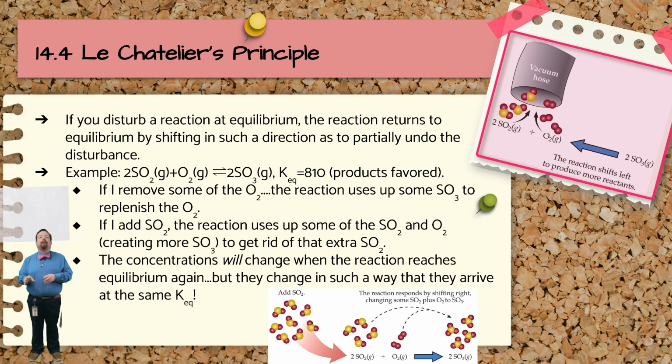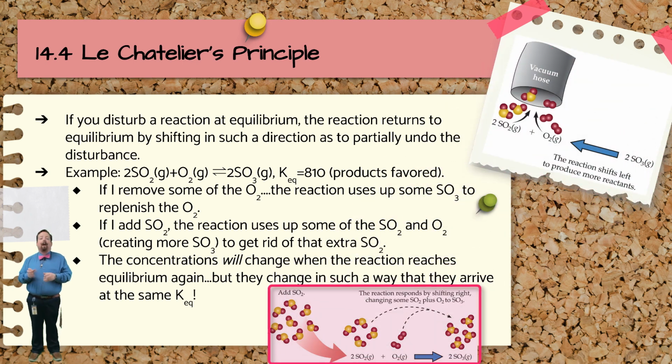In order to help replenish that loss of O2, the SO3 will convert back into O2, so the reverse reaction will increase, creating more SO2 in the process. Your SO3 concentration will go down a little, your SO2 concentration will go up, and your O2 concentration will go up a little bit from where it was after you removed some O2, but not quite all the way back up to where it was before you removed some O2.